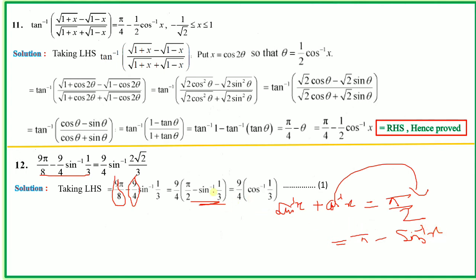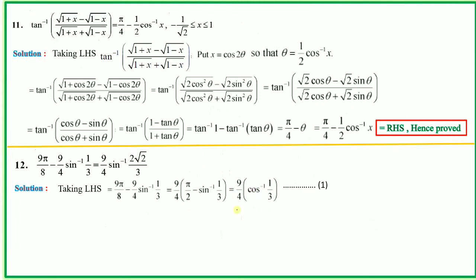As per our requirement in the question, we need to subtract sin inverse. So we are taking 90 minus this sin inverse to the right hand side, so we will have cos inverse x in the left hand side. So that we did here. So 9 by 4 cos inverse 1 by 3, equation number 1.